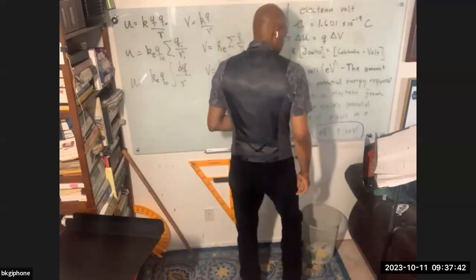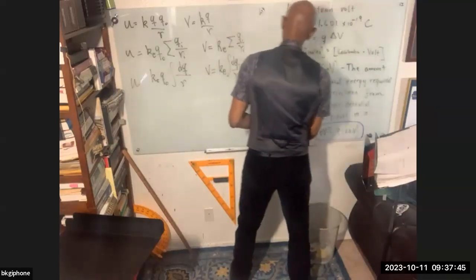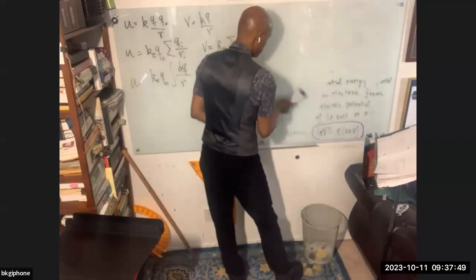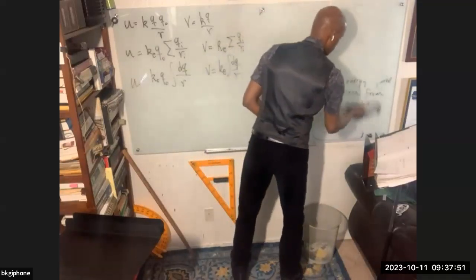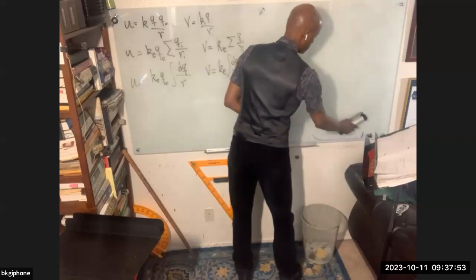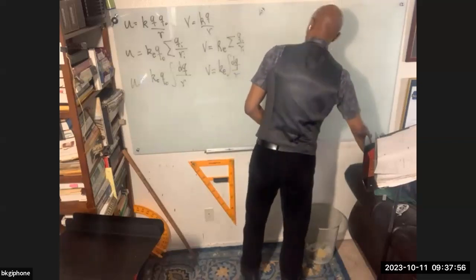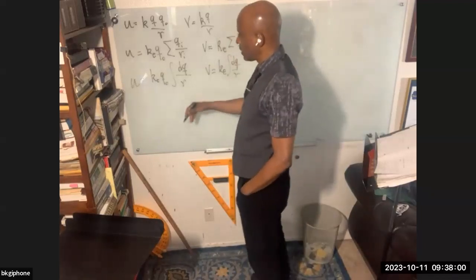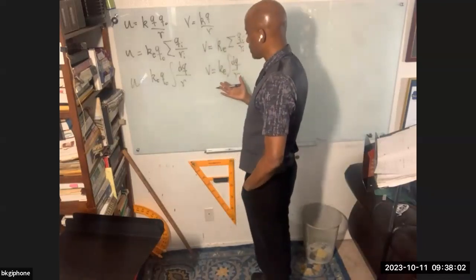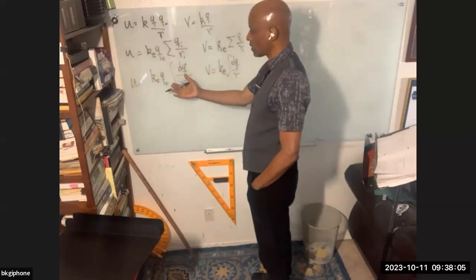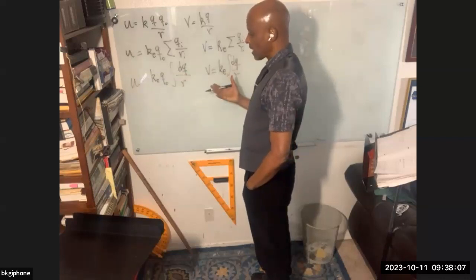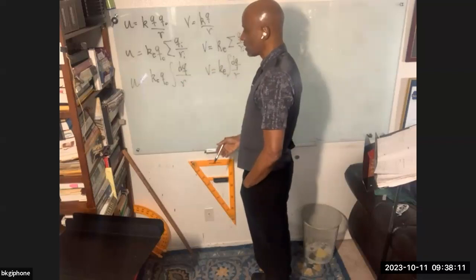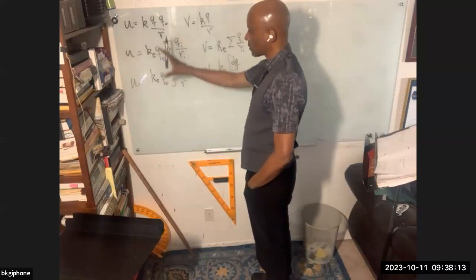Okay, so what I really want to do today is to focus on this. Once we have the potential, we can just multiply it by a charge at the point where that potential exists, the test charge, and we have the potential energy. So in general, we don't really calculate potential energy.